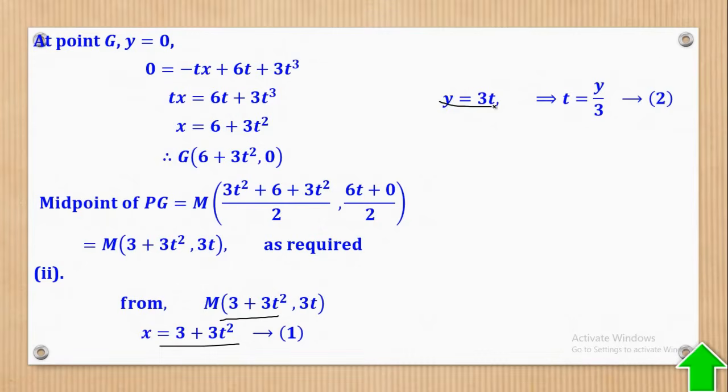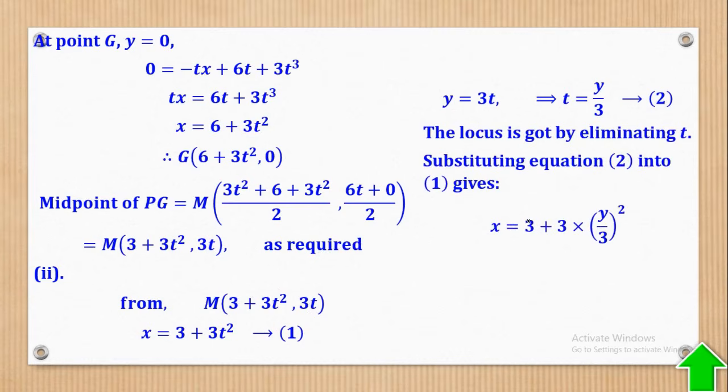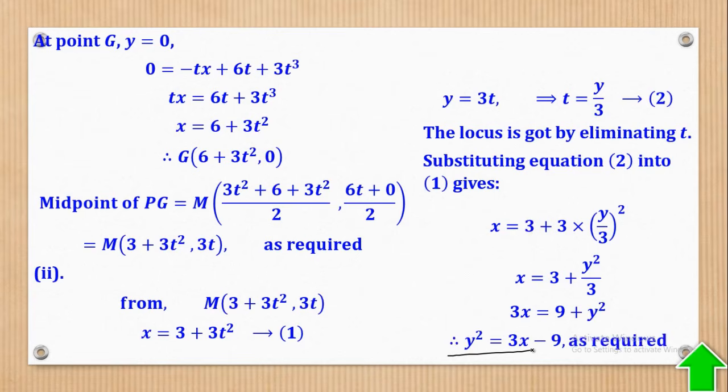Now locus means we are going to eliminate this variable number. So from this, when I make t the subject, I'll substitute it here, and by that I will have got the locus. So when I substitute, I'll come up with that. The next thing to do is to simplify and get the required expression as it was given in the question. And that's what they wanted.